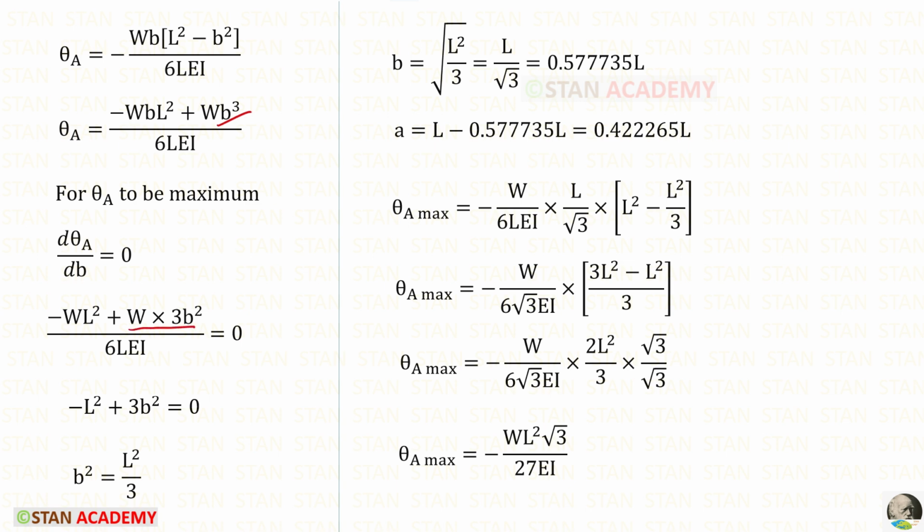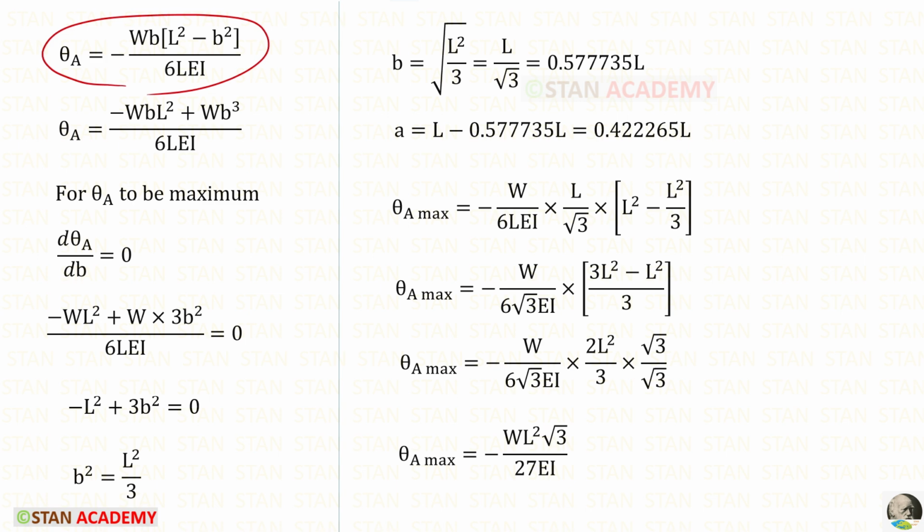So here W into 3B square. We can take W outside and we can take W upon 6LEI on the other side. So it will become 0. For B square we will get this. So for B we will get this. A will be L minus this. So there will be maximum slope at A when B is this value.